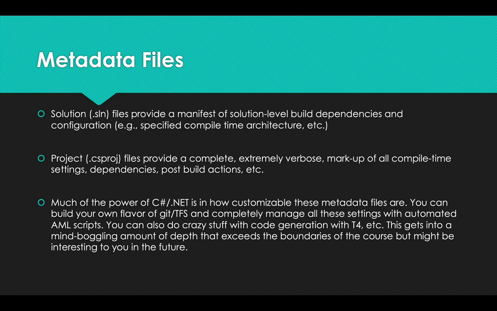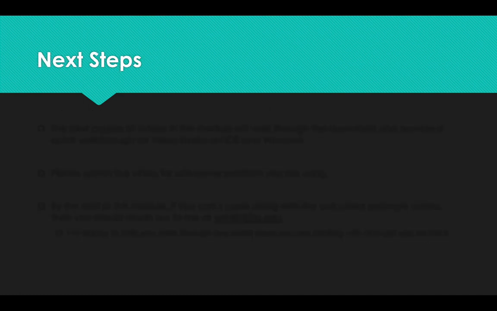And the depth of all of that automation is something that we will basically just scratch the surface of near the end of the class. So suffice it to say, if you are very interested in DevOps, if you're very interested in lifecycle management automation, these metadata files are sort of your friend, and you can do whatever you want with them if you get good enough at PowerShell.